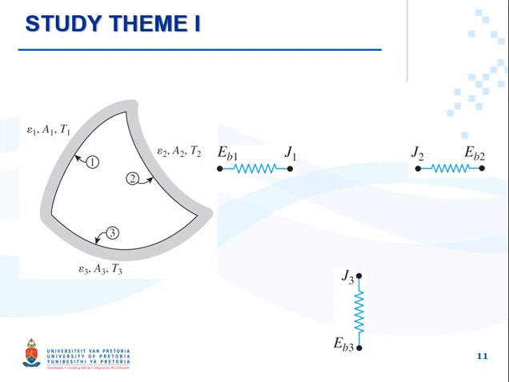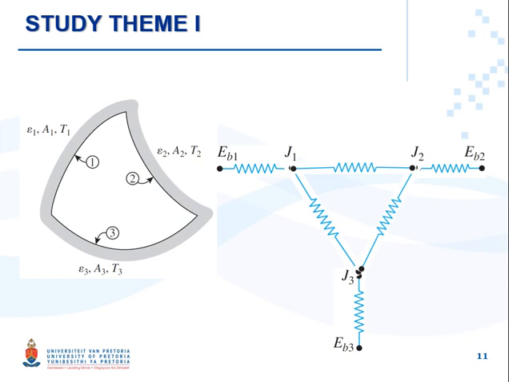In order to connect these three surfaces together, we also need three space resistances. So that's it. As you can see, this is our resistance network when we are dealing with an enclosure consisting of three surfaces.